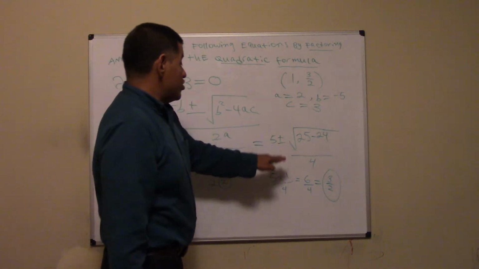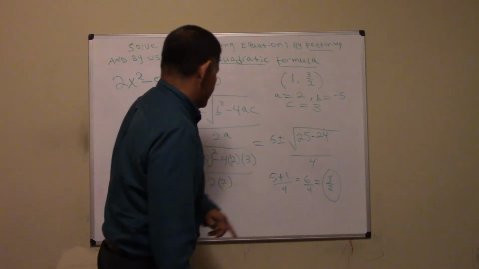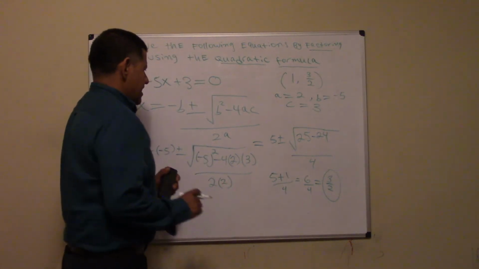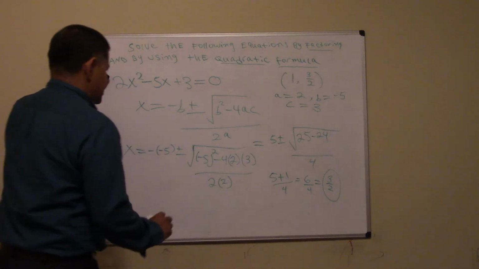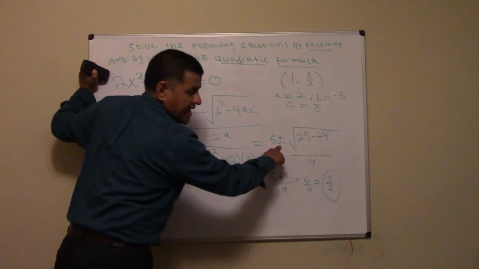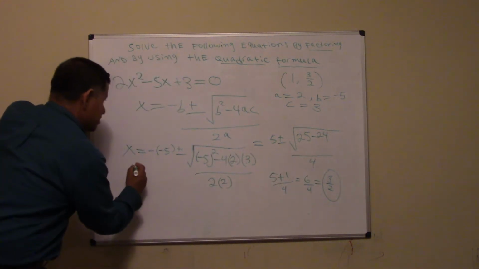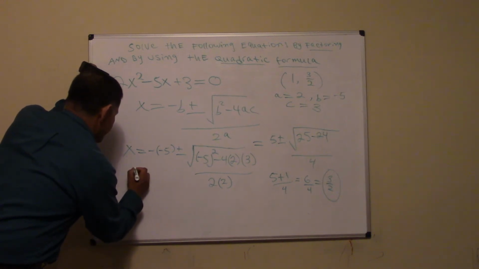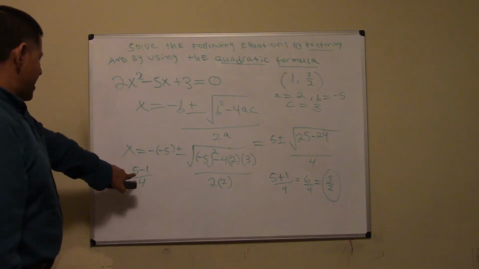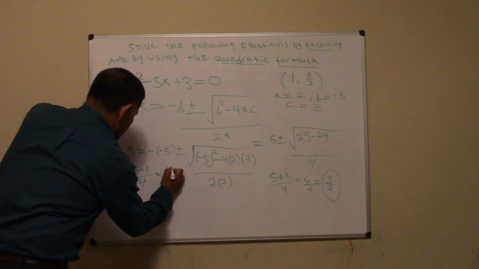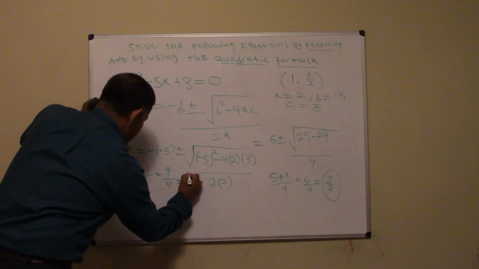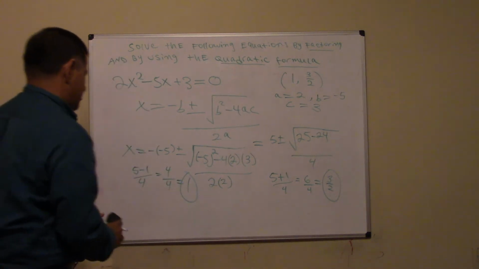Now if I use the minus instead of the plus, that is going to be 5 minus 1 over 4, which is 4 over 4, which is equal to 1.